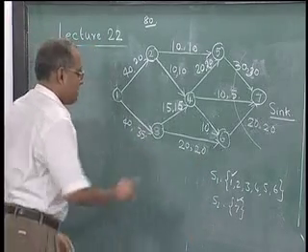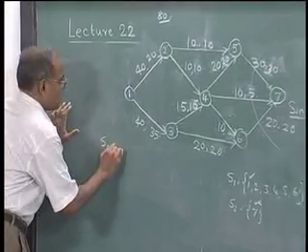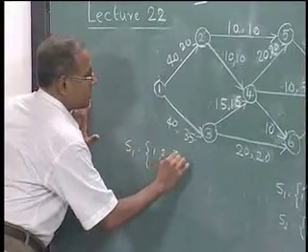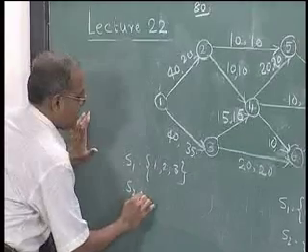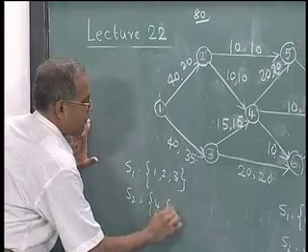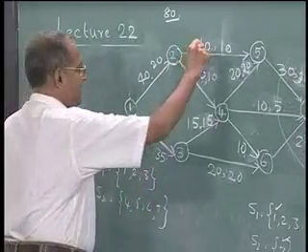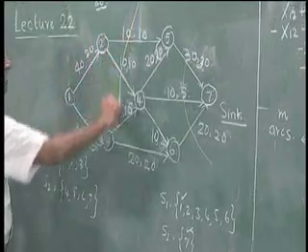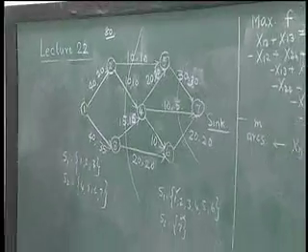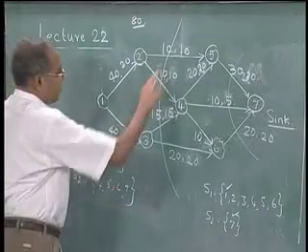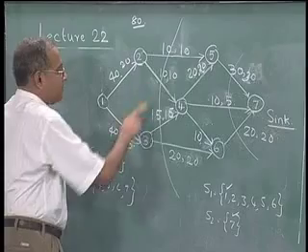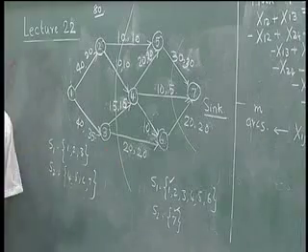For example, if I define S1 as 1, 2, 3 and S2 as 4, 5, 6, 7, which means I am effectively removing this much portion of the graph, thereby the capacity that I am pulling out is 10 plus 10, 20, plus 15, 35, plus 20, 55.